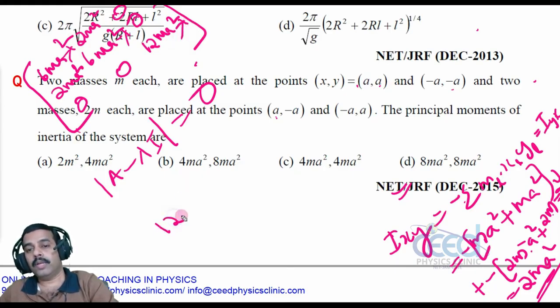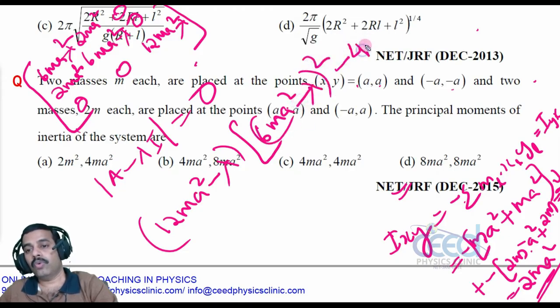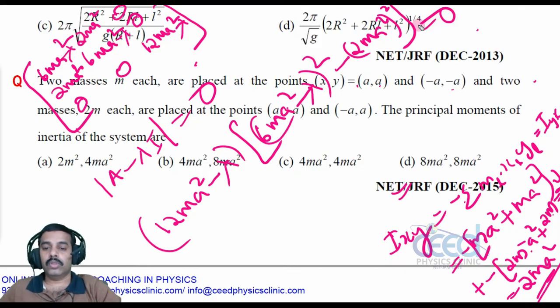so (12ma square minus lambda) into (6ma square minus lambda) whole square minus (2ma square) whole square equals 0. So when you solve this, what you get? The values for lambda. You have three values.